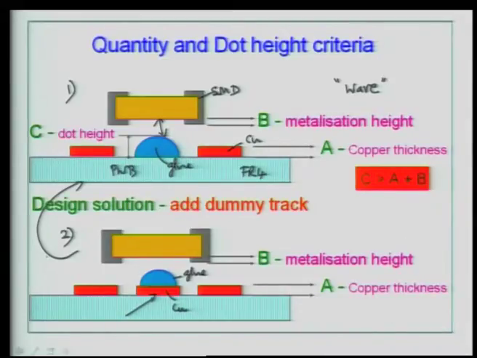Here you can expect very firm attachment, and the orientation of the component will be maintained, enhanced compared to the first case described in this illustration. Therefore, adding dummy tracks for small, very light devices to reduce the volume of glue is a built-in process enhancement that we have seen over the years for surface mount device assembly.